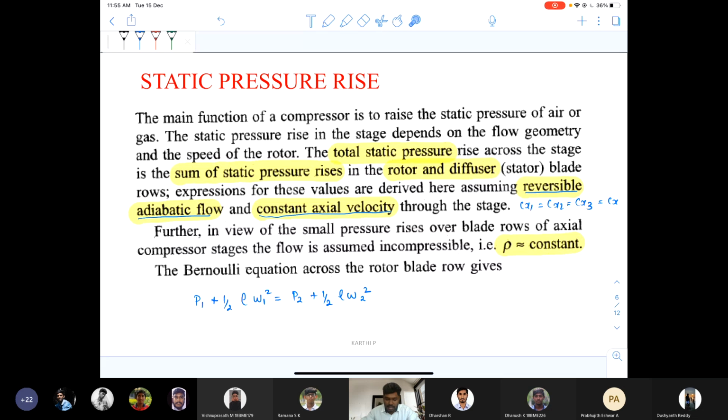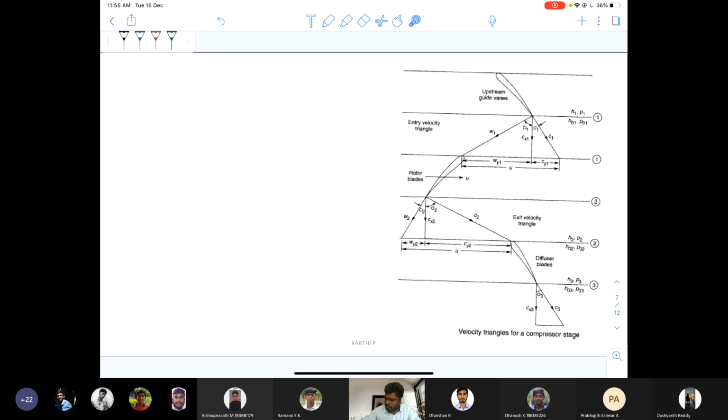Now, from this Bernoulli's equation, the static pressure rise, delta P of R, where R denotes the rotor, will be equal to P2 minus P1.